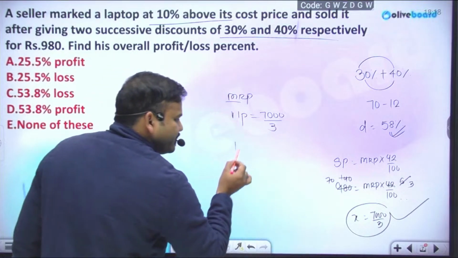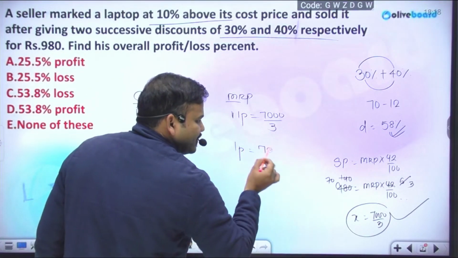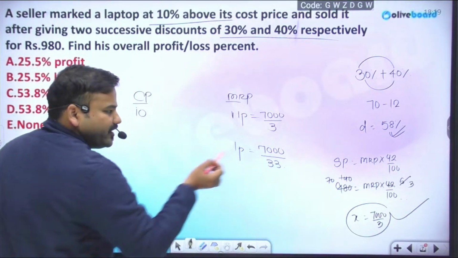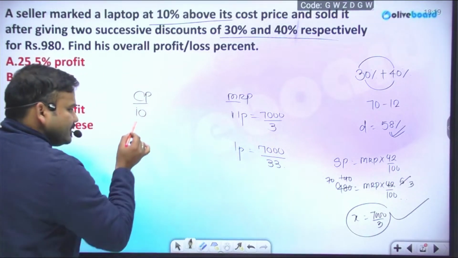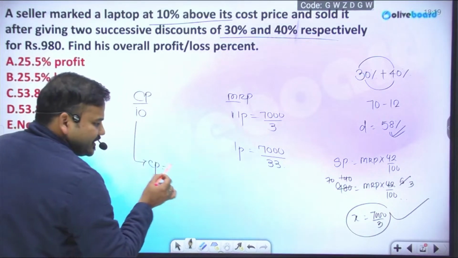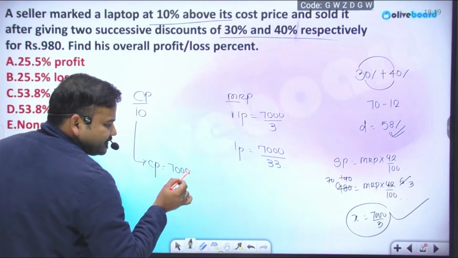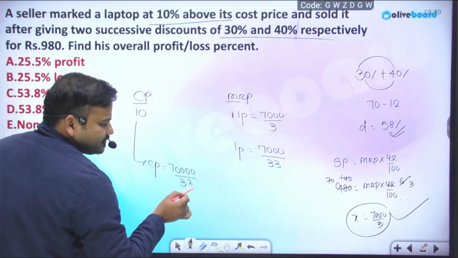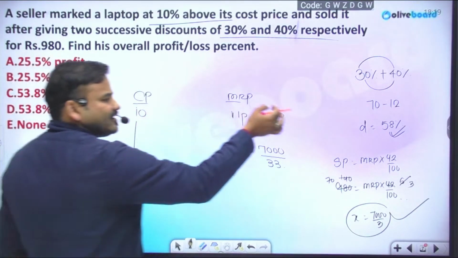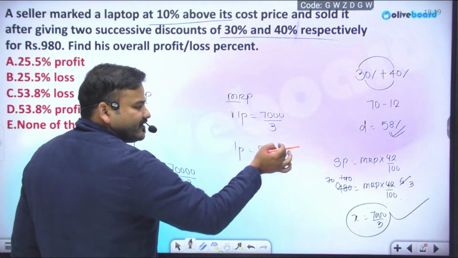So 1 point will be equivalent to 7000 by 33. The moment you get this, the cost price of the article, which is 10 units, will be 70,000 by 33. 11 points is 7000 by 3, so 1 point will be 7000 by 33.